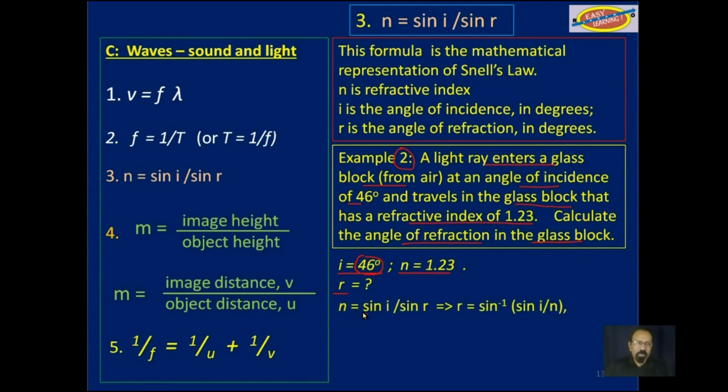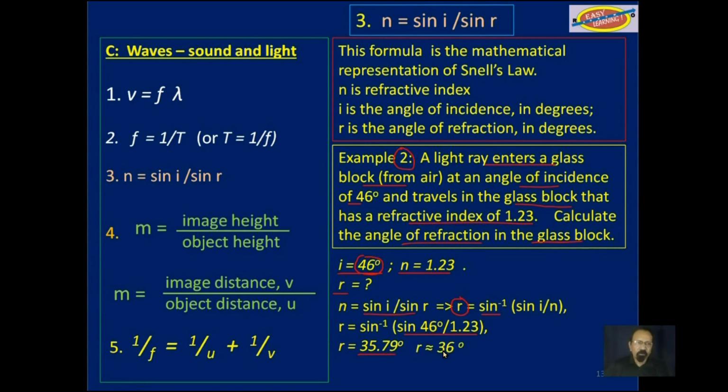So N is equal to sine I over sine R. If we make R the subject of the formula, R is equal to inverse sine of sine I over N. We substitute the numbers we are given and we get R, the angle of refraction, is 35.79 degrees.